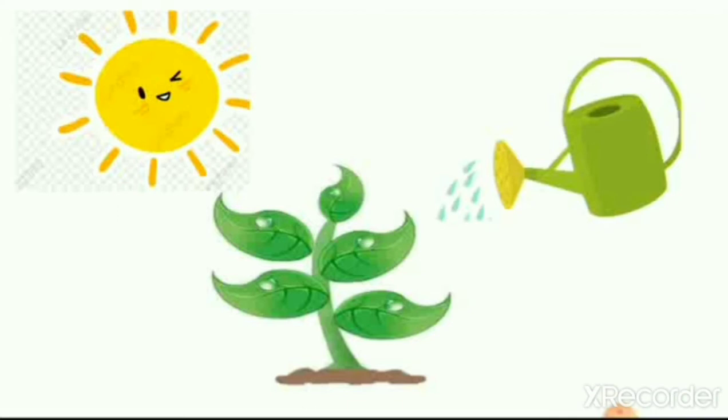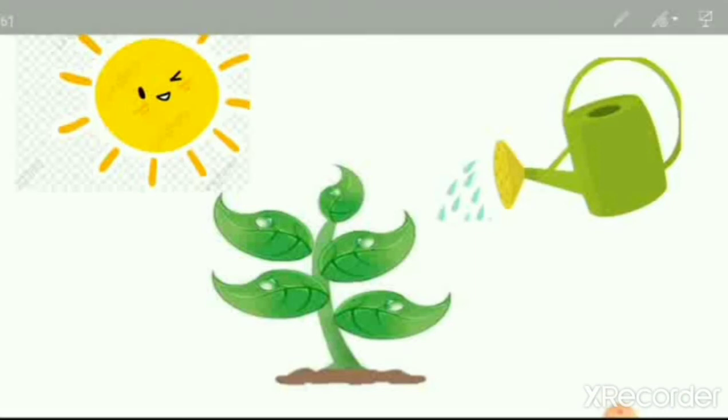These three things the plant needs to make food: air, water and sunlight. And the leaf binds these things together and makes food for the plant. You can see here how the leaf makes food for the plant.